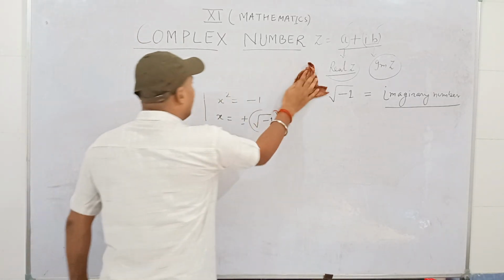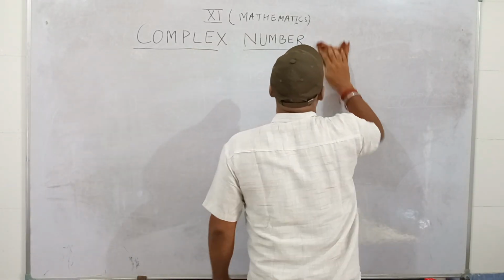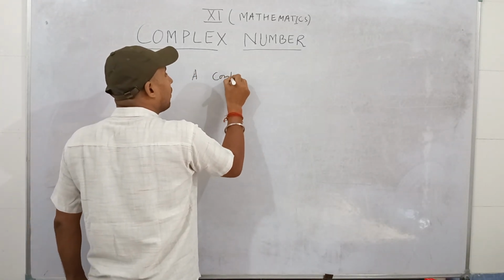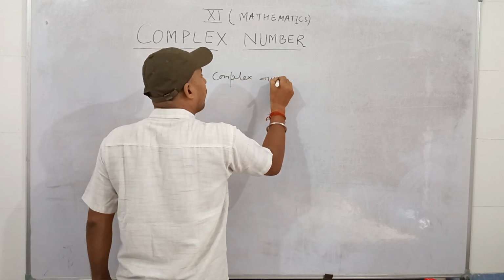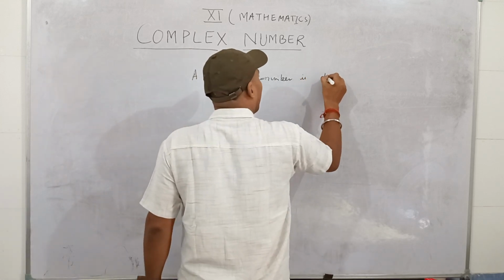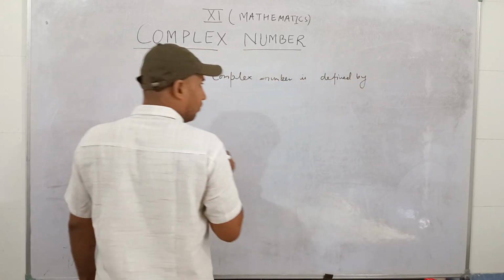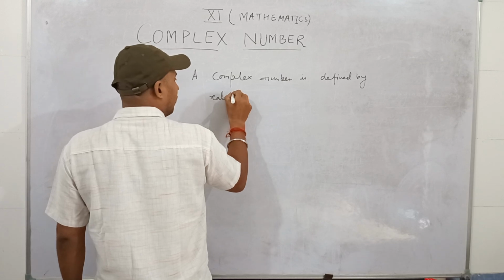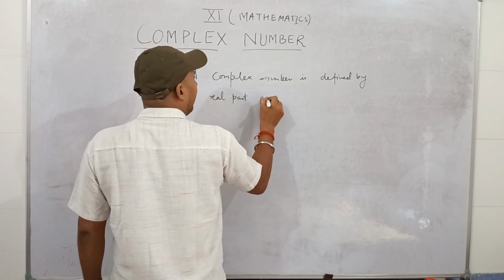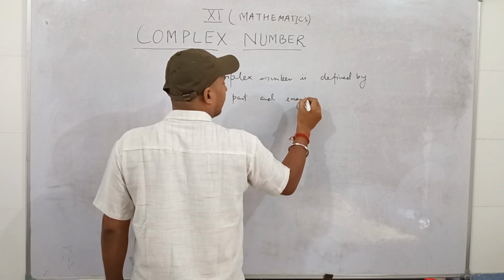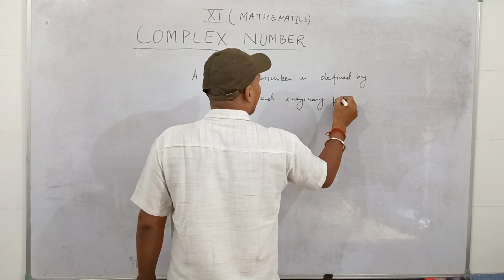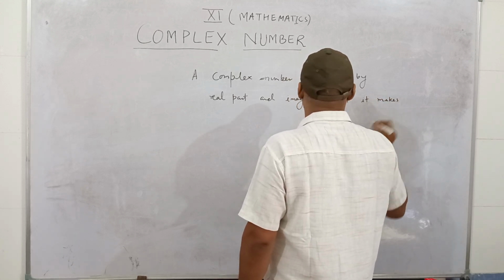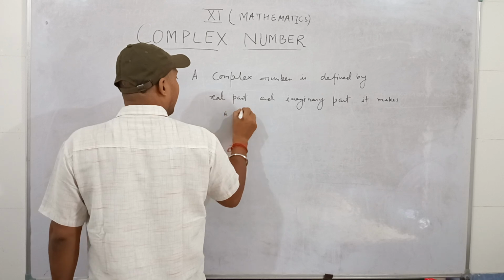तो इसको एक कॉम्प्लेक्स नंबर is defined by real part and imaginary part, and it makes a complex number.